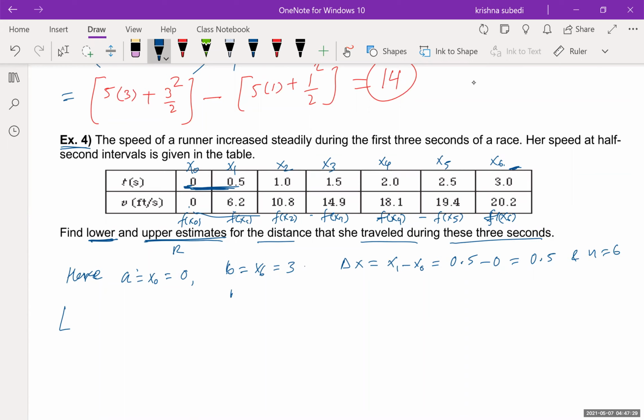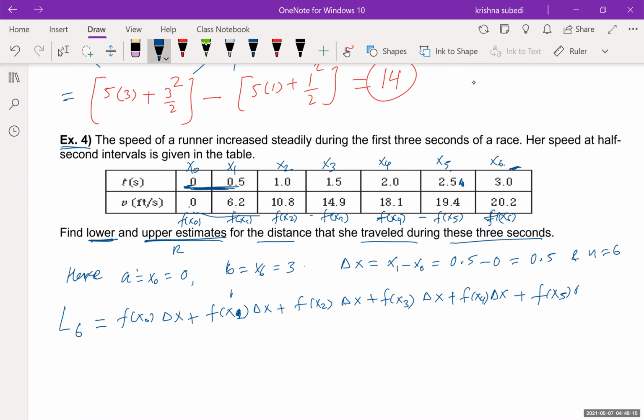Now you find L6, and you know the formula, that is L6 is f of x0 delta x plus f of x1 delta x plus f of x2 delta x plus f of x3 delta x plus f of x4 delta x plus, left endpoint means you stop there, f of x5 delta x.